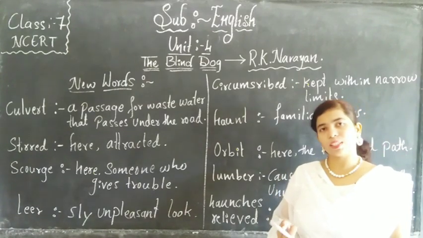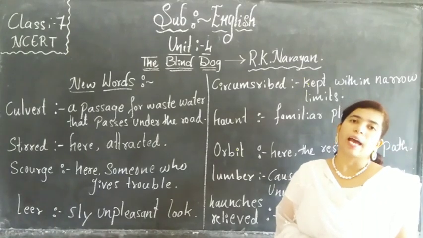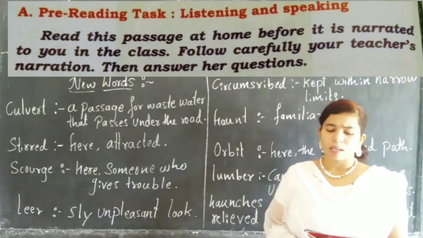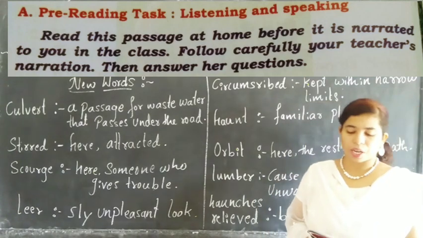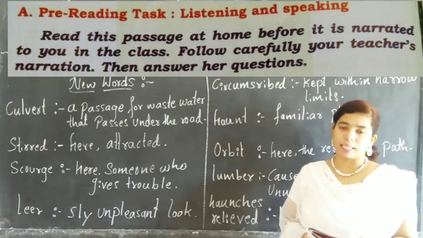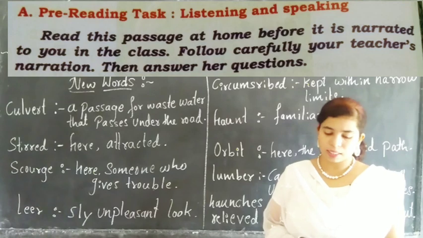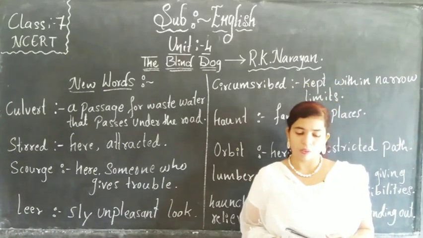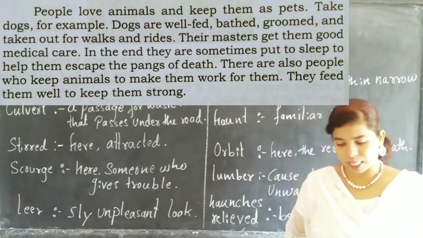So before going to the lesson, there is a pre-reading task or a pre-reading activity. Okay, let us see that. A pre-reading task, listening and speaking. Read this passage at home before it is narrated to you in the class. Follow carefully your teacher's narration, then answer her questions. Okay? People love animals and keep them as pets.